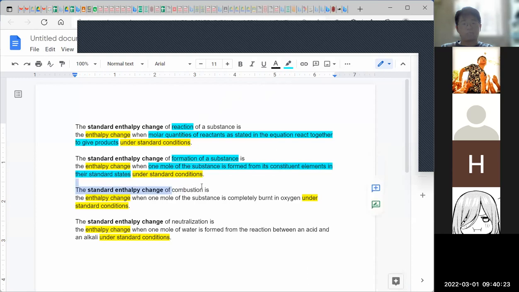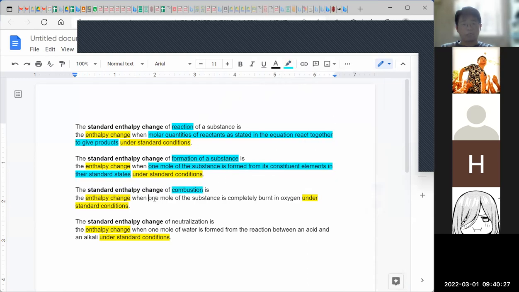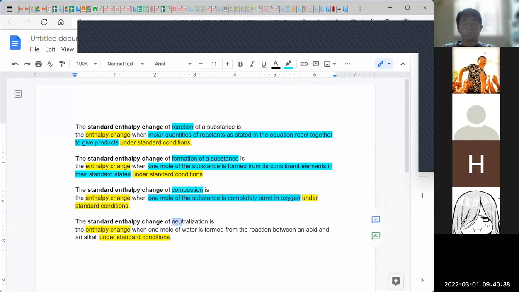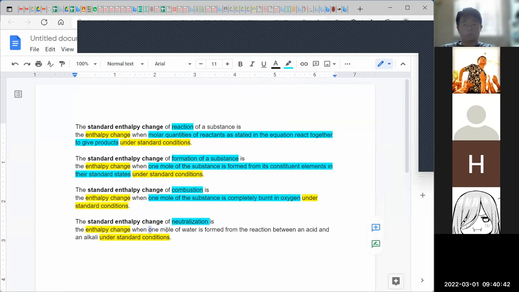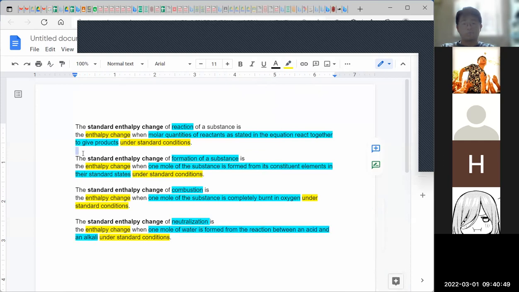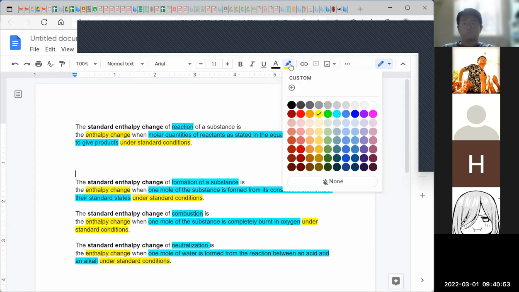And combustion. If you underline the term combustion, of course, you talk about the substance undergoing burning. So the definition is set as the substance is completely burned. But you may see one more important term, the word 1 mole. Do you realize 1 mole? 1 mole of what? The first definition is somewhat general.